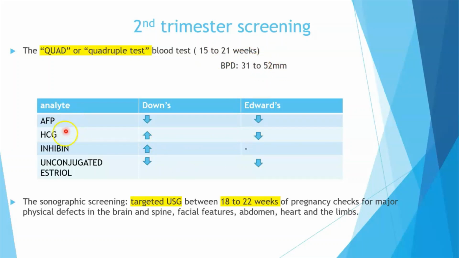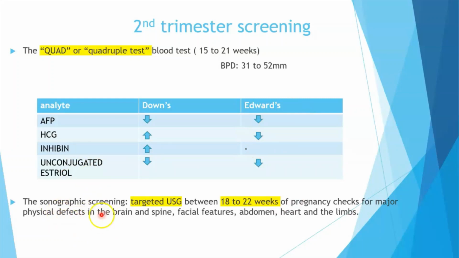As you can see that there are 4 analytes in the quadruple test: AFP, alpha fetoprotein, HCG, inhibin and unconjugated estriol. Now levels of HCG and inhibin are increased in Down syndrome, and AFP and unconjugated estriol are decreased in Down syndrome. Whereas in Edwards syndrome, the levels of AFP, HCG and unconjugated estriol are all decreased.